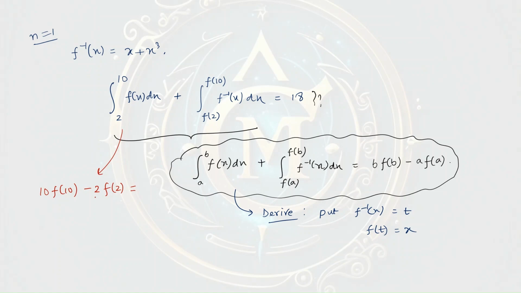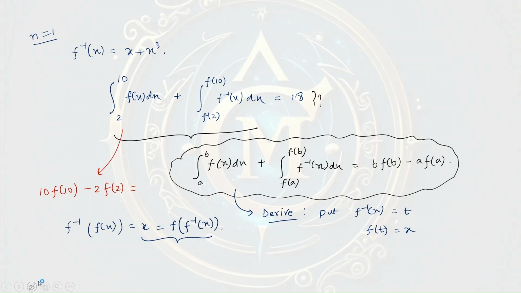So how can we find these values? We have to simply use the concept of inverse function. So we know that f inverse of f of x is x, and so is f of f inverse of x. So we have to use this piece of information.